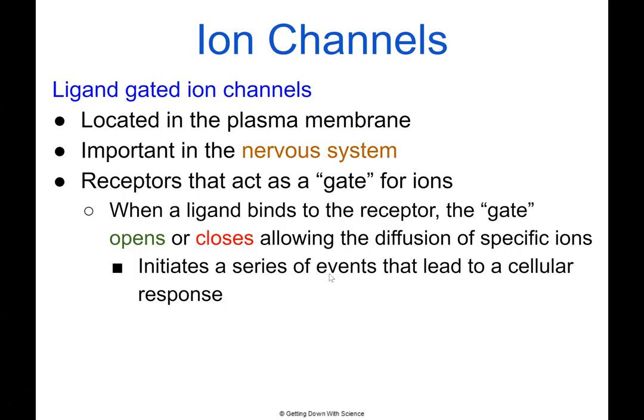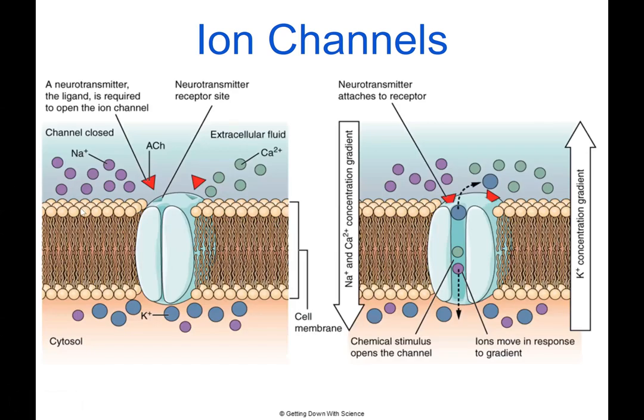This initiates a series of events that leads to the cellular response. With a nerve impulse, we build a gradient, so we put more positives outside, less inside, and then to make the neural impulse move, we drop and balance it back out, and then we reset the system. So we're moving these ions.